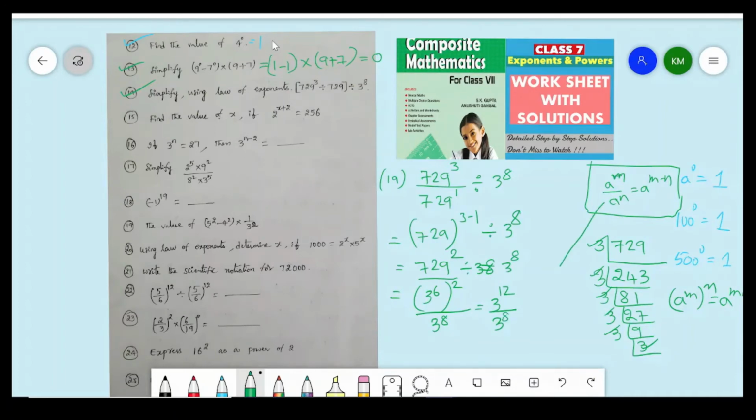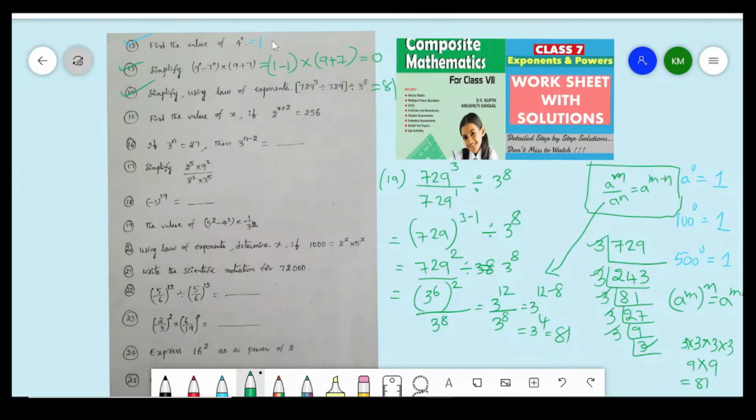Again the same formula, 3 power 12 minus 8, that is equal to 3 power 4. How much is 3 power 4? 3 threes are 9, again 3 threes are 9, 9 multiplied by 9 is equal to 81. So the answer for the given expression is 81.